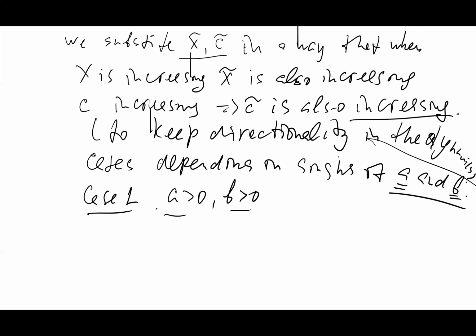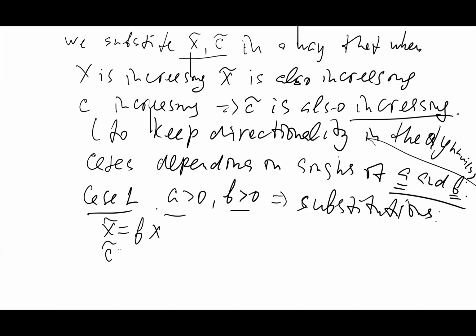If A is positive and B is positive, then we make the following substitutions. x tilde equals b x and c tilde equals a b c. And we need to put this into our flow, the approximation to our flow.